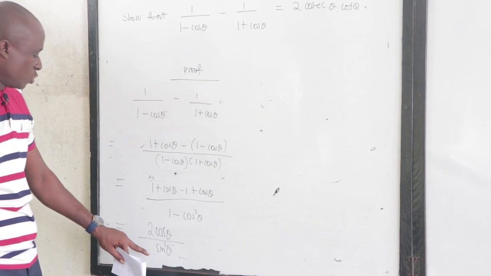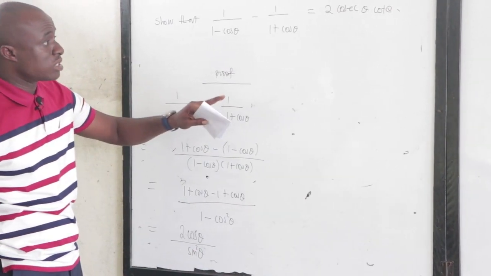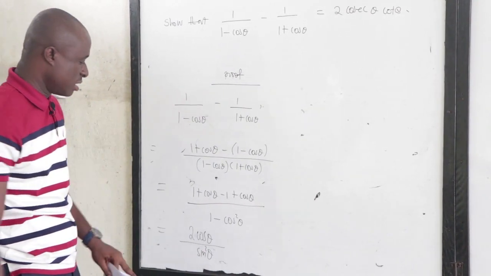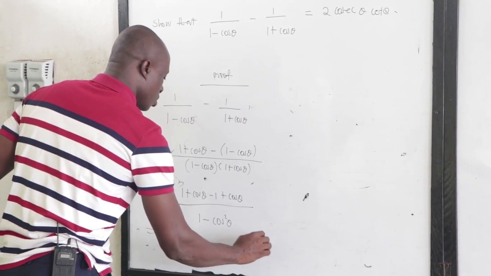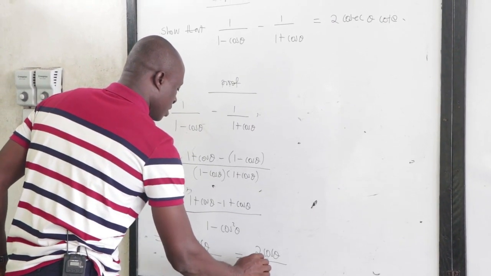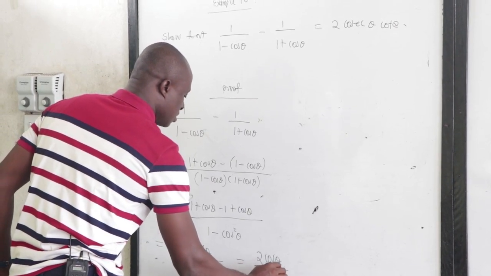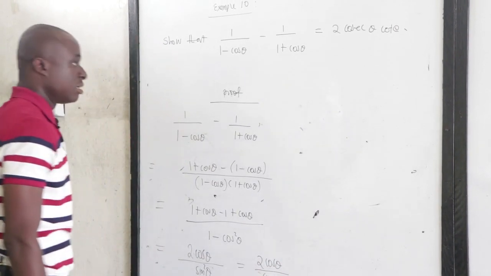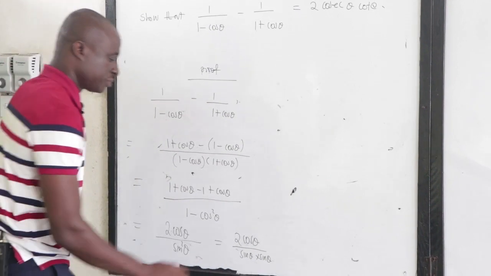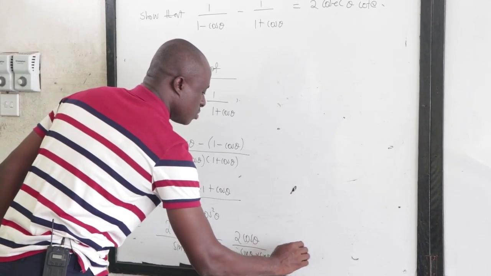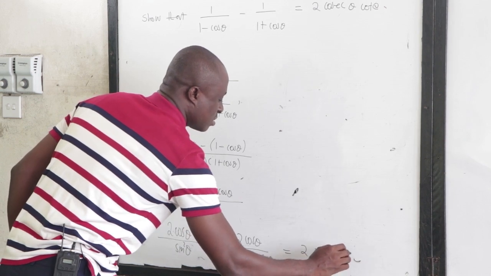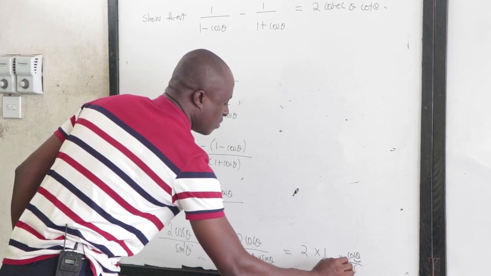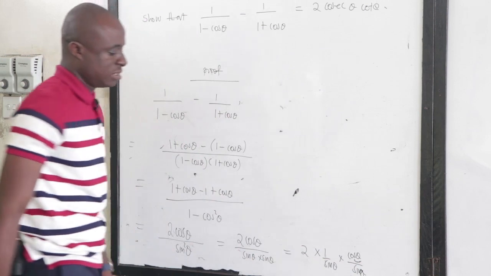Now, we are being told to show that this is equal to 2 cosec theta cot theta. And this is the same as 2 cos theta all over sine theta times sine theta. Now, this is the same as 2 times 1 over sine theta times cos theta all over sine theta.